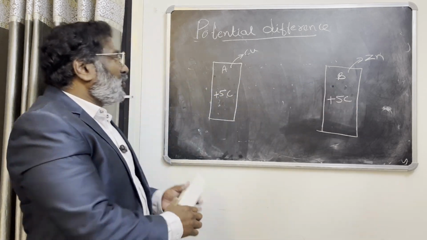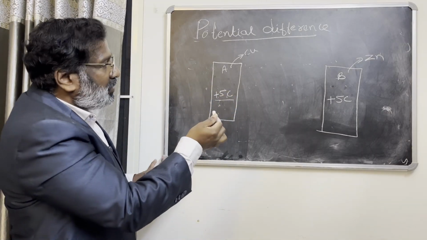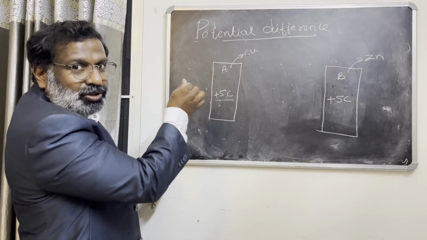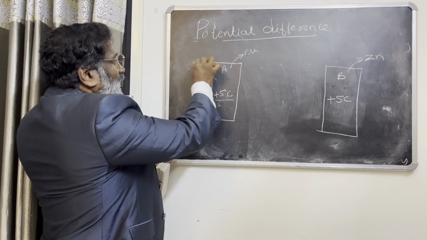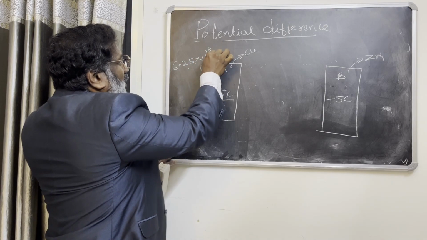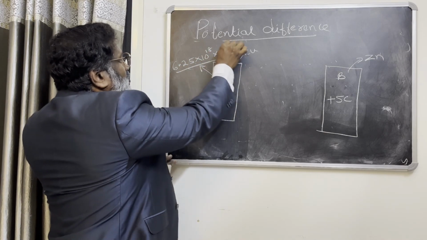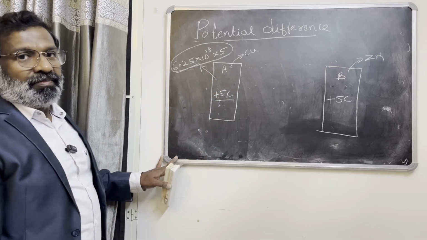So, I have to charge it to 5 Coulomb. What should be done? I have to remove 6.25 into 10 power 18 into 5 number of electrons to charge it to 5 Coulomb.